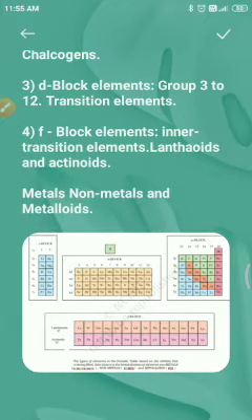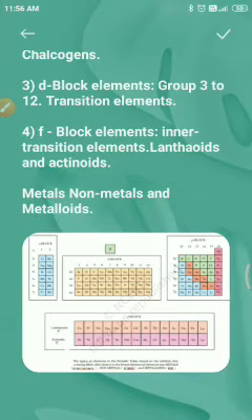Non-metals are usually solids or gases at room temperature with low melting and boiling points, with two exceptions, boron and carbon. Non-metals are very poor conductors of heat and electricity, and most non-metallic solids are brittle, neither malleable nor ductile.